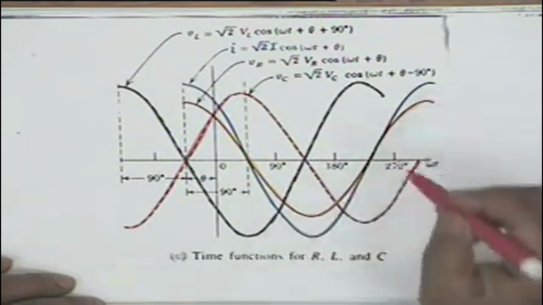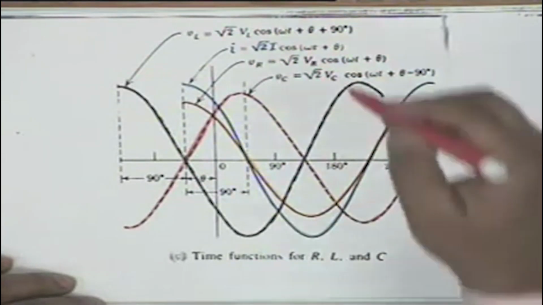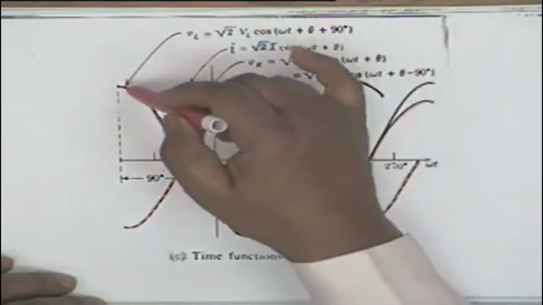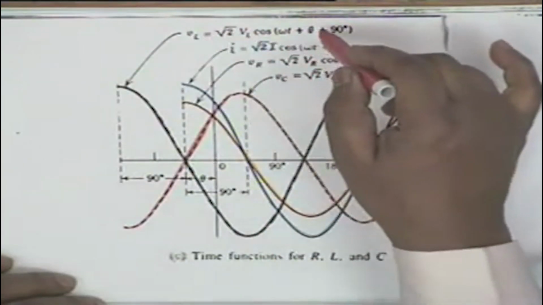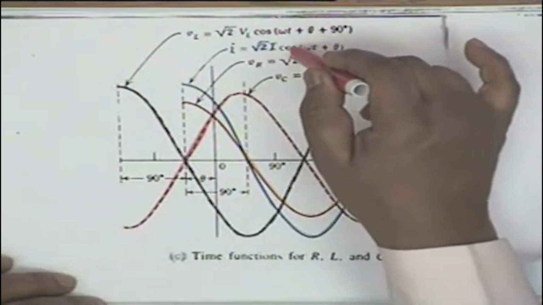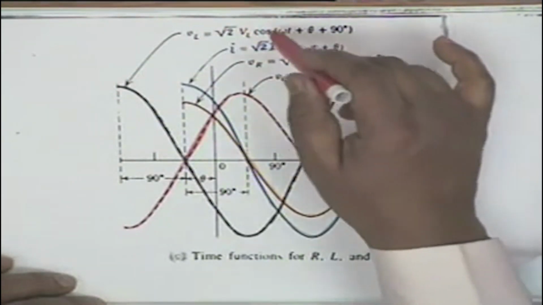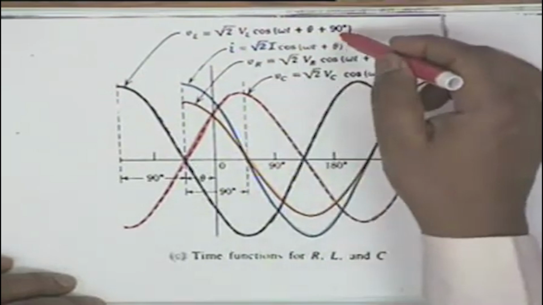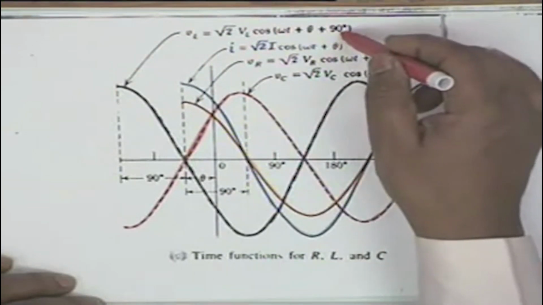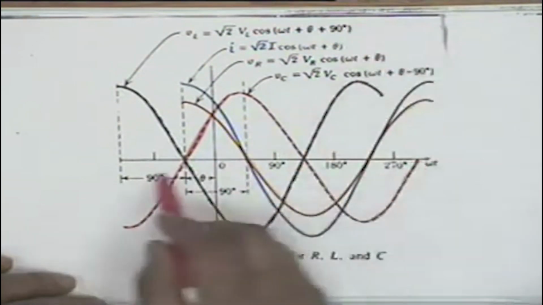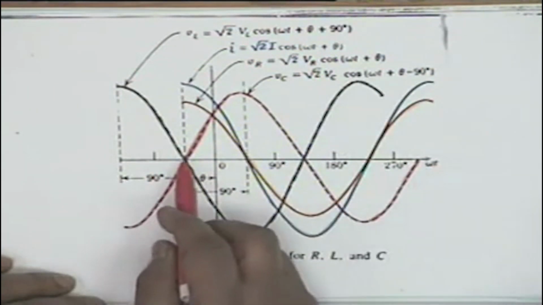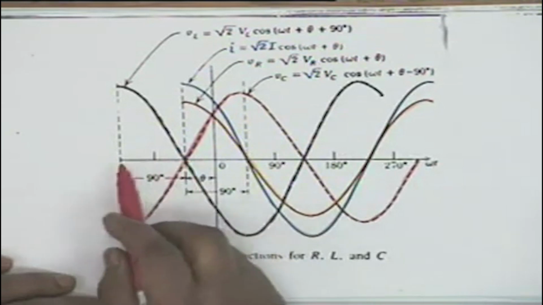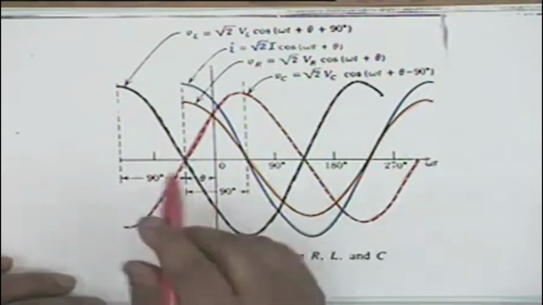On the other hand, this curve, the black one, represents the voltage across an inductor when this current flows through it. And you can see that the voltage leads the current by an angle of 90 degrees, which means that on the x-axis, which is omega t, the voltage arrives at a maximum 90 degrees ahead of the current.